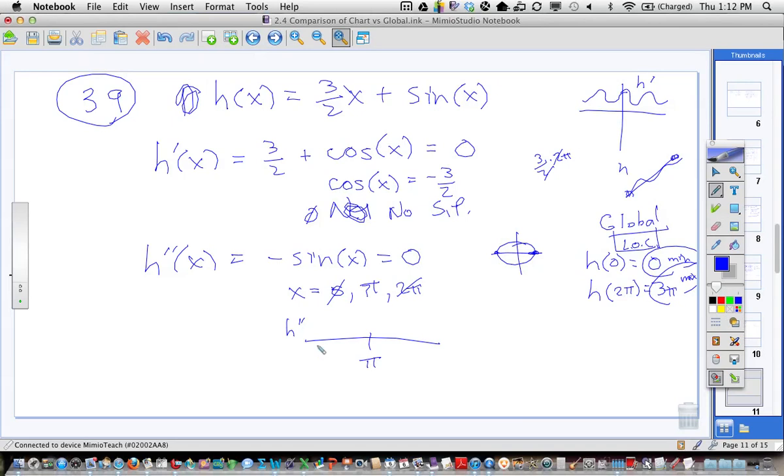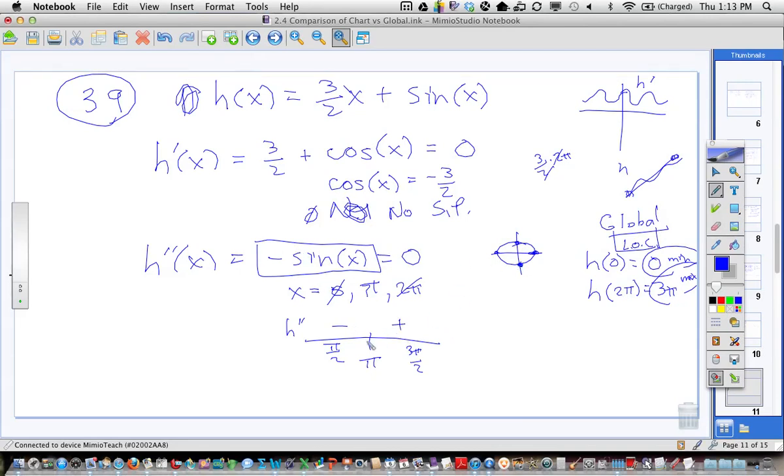So we do a number line for h double prime. Pick some numbers to plug in, like pi halves and 3 pi halves. Plug those in where? Into the double prime. When you're doing a double prime number line, you plug into the double prime. For the prime number line, you plug into h prime. And for a list of candidates, you always plug into the original. So pi halves: sine of pi halves is 1, with a negative on it, would be negative 1. 3 pi halves is down here, that'd be negative 1 with a negative on it, would be positive 1.